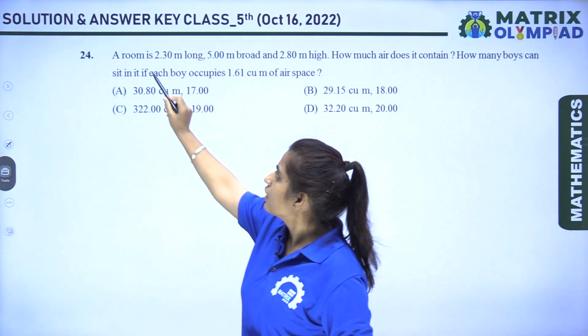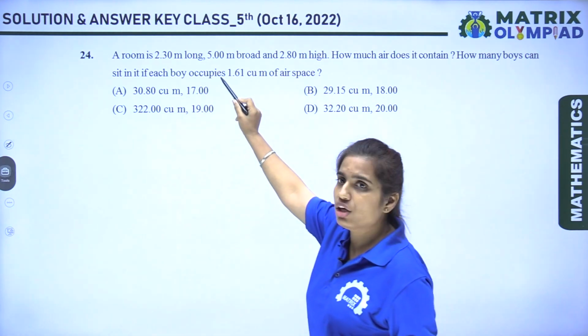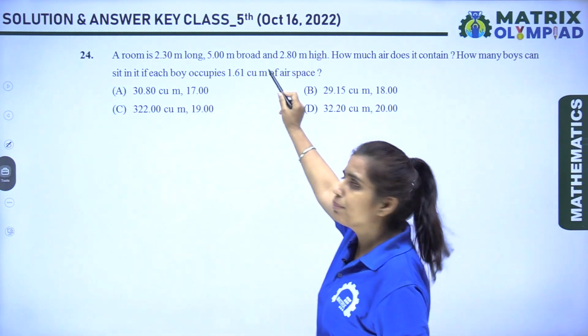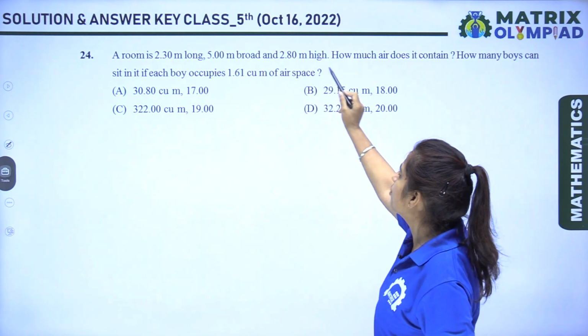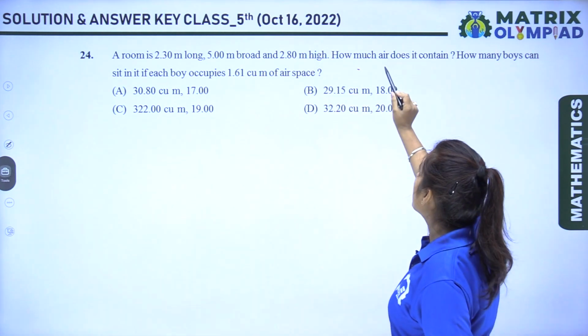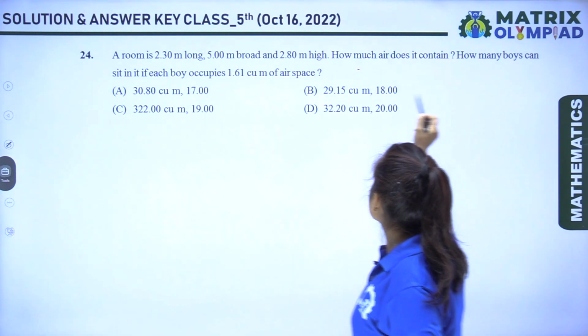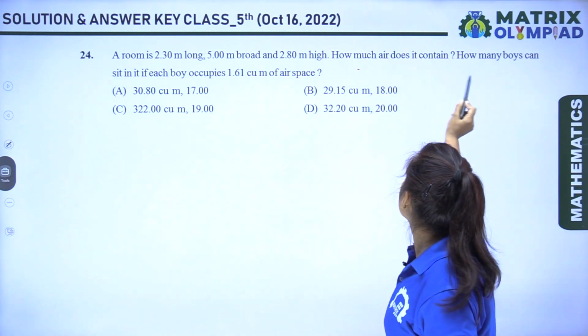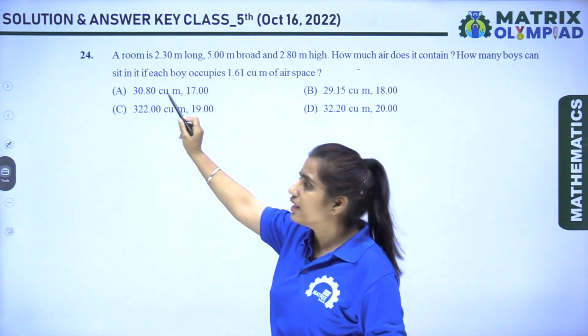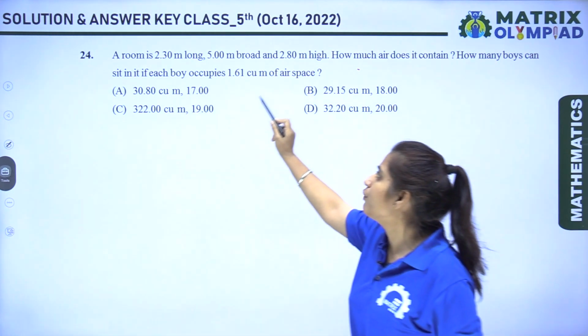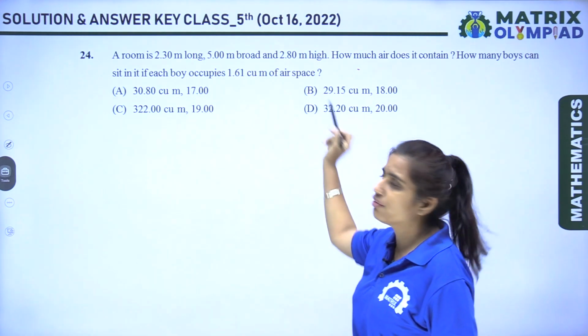The question says that a room is 2.30 meter long, 5.00 meter broad and 2.80 meter high. How much air does it contain? And another question is how many boys can sit in it if each boy occupies 1.61 cubic meter of air space?